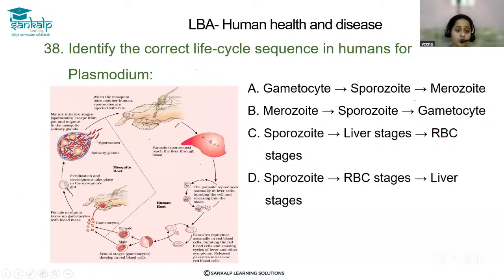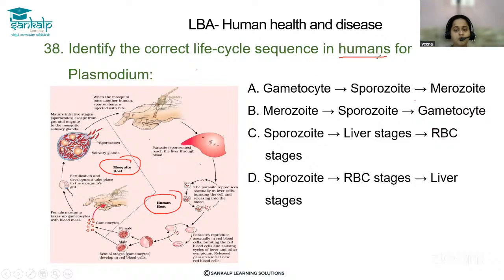It needs two hosts to complete its life cycle, one is human and another is mosquito. The life cycle starts from the sporozoites. From the sporozoites, they are asking in the case of humans.